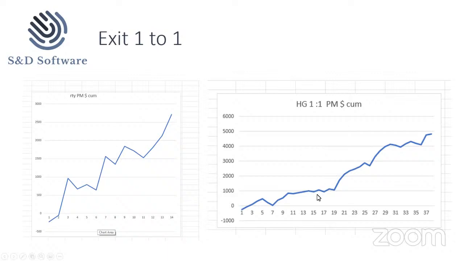So if you collect some information on this exit strategy of 1-to-1, plot it, you can get a feel for how much drawdown and what the potential is. The time frame for this data was about 5 months, so you're taking 37 trades in 5 months.